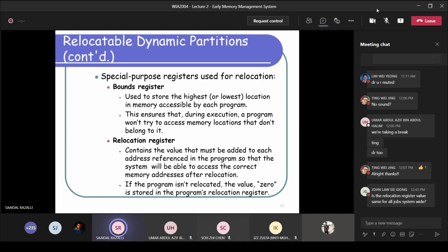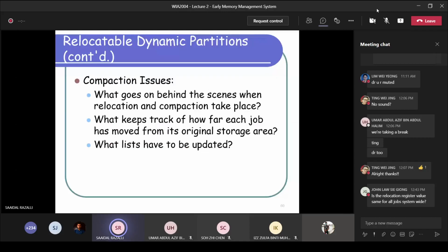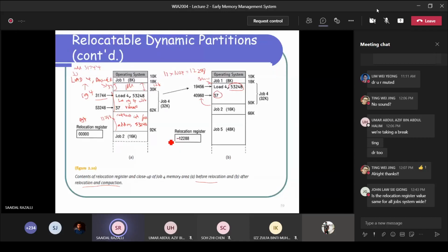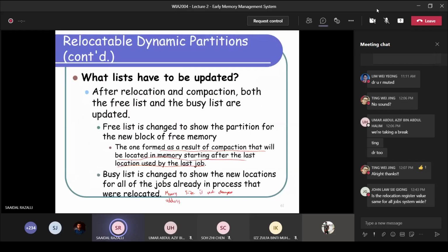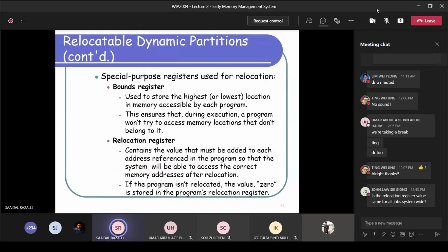The relocation register contains the value that must be added to each address reference in the program so that the system will be able to access the correct memory address after relocation. This is the relocation register. It contains the value that must be added or subtracted, in this case minus 1228, to each address reference to get the new location address.